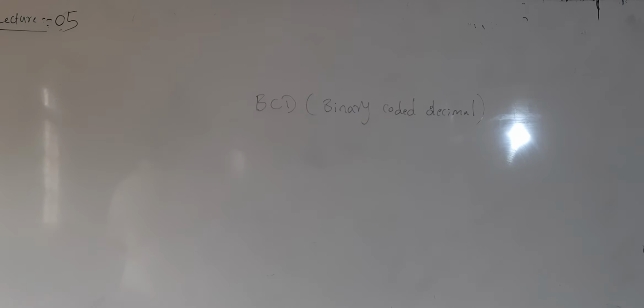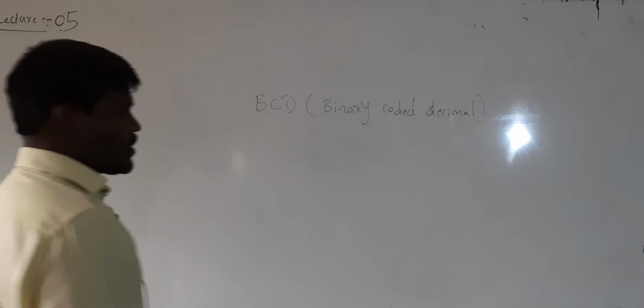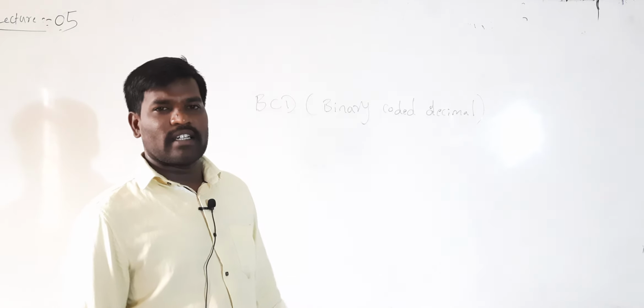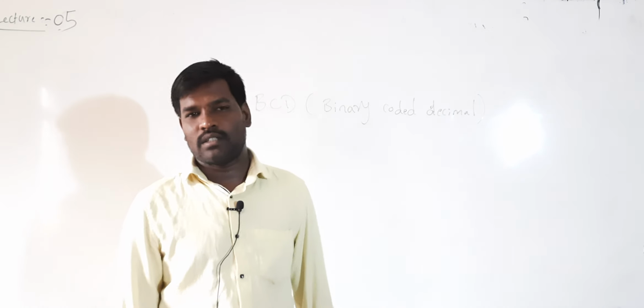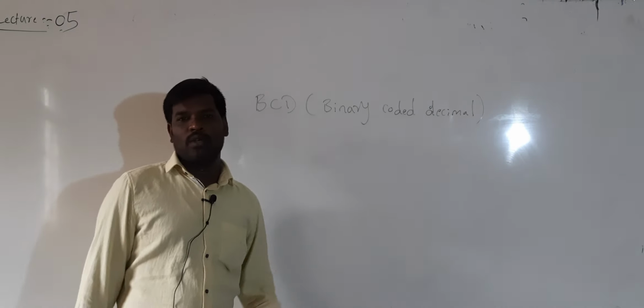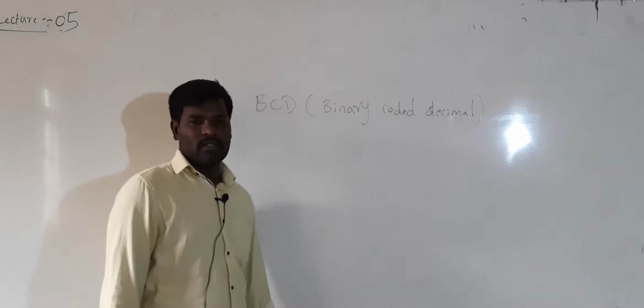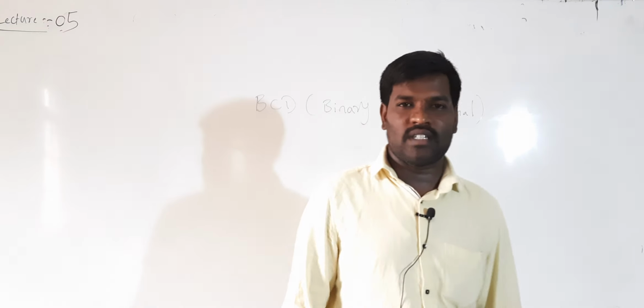Okay, so it is one of the earlier computer codes. There are n number of computer codes. Here BCD is also one of them. Presently we are not using BCD. Okay, it is one of the old computer codes.